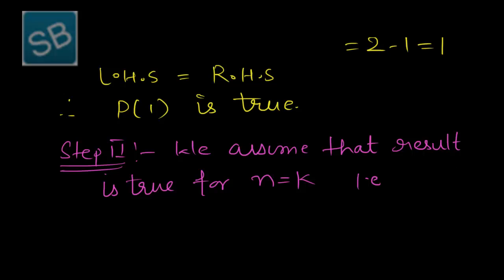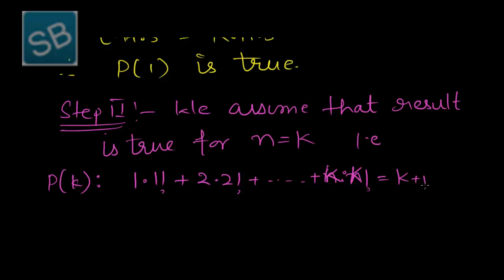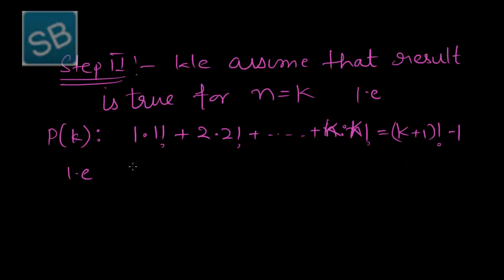That is, P of k becomes 1 into 1 factorial plus 2 into 2 factorial up to k into k factorial is equal to k plus 1 factorial minus 1. That is, P of k is true. That is our assumption by the principle of mathematical induction.